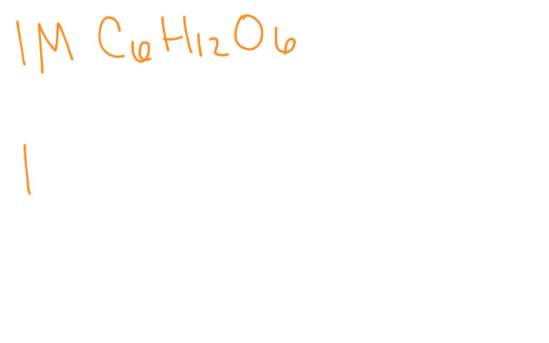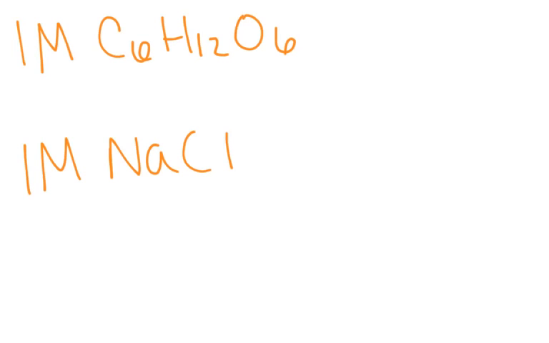Say I have 1 molar glucose, and I have 1 molar sodium chloride. Now this might be an AP question: which solute will have a greater effect on the colligative properties?